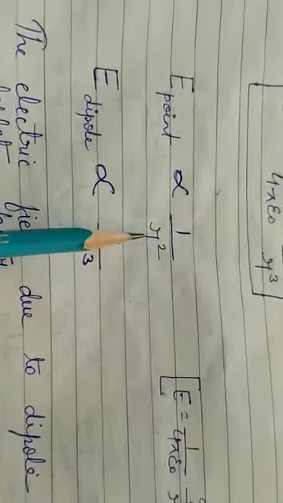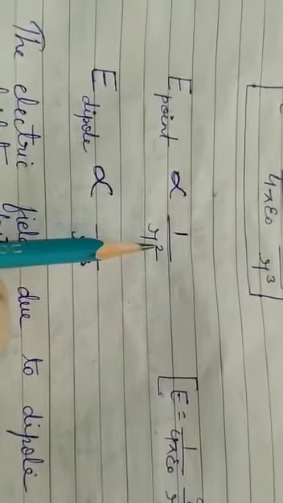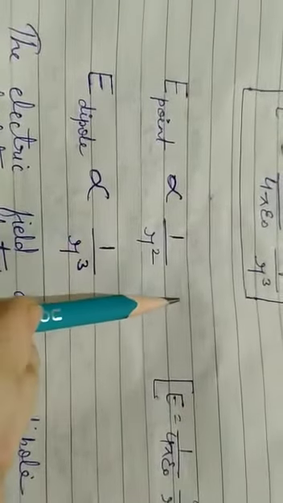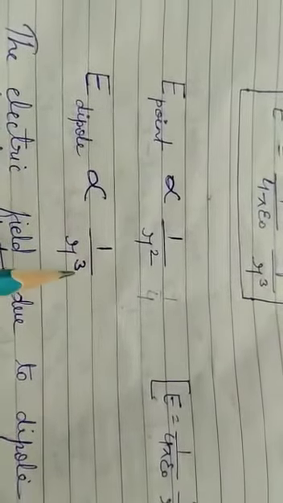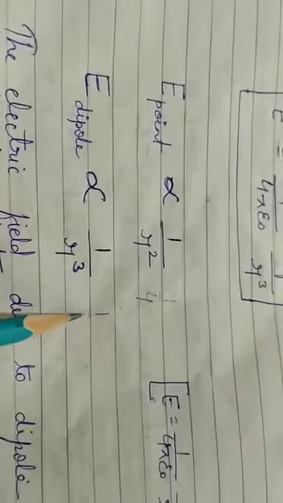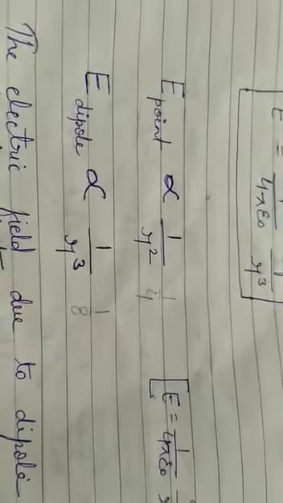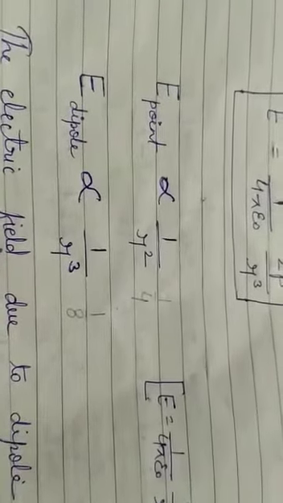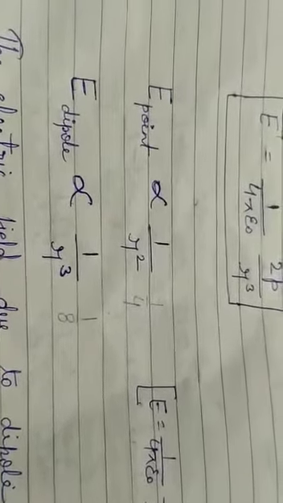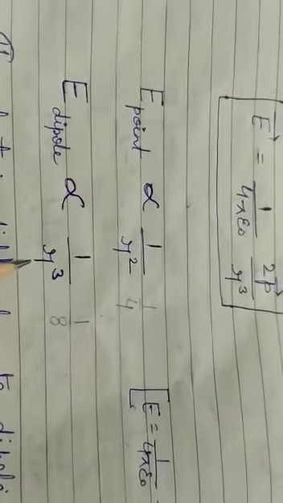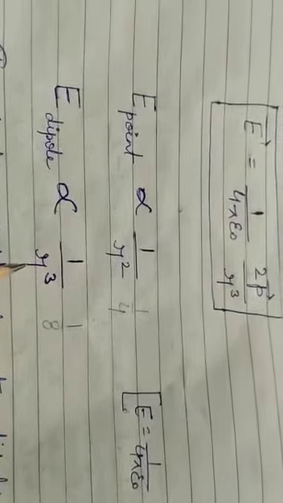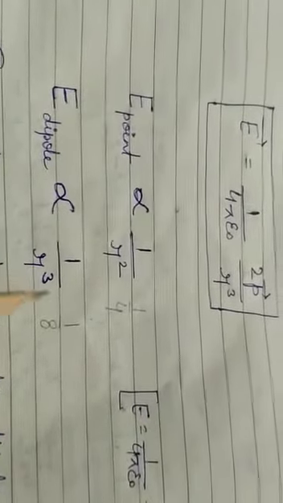Because of the square here, it becomes 1 upon 4 times, and here the cube is there, so it becomes 1 upon 8 times.